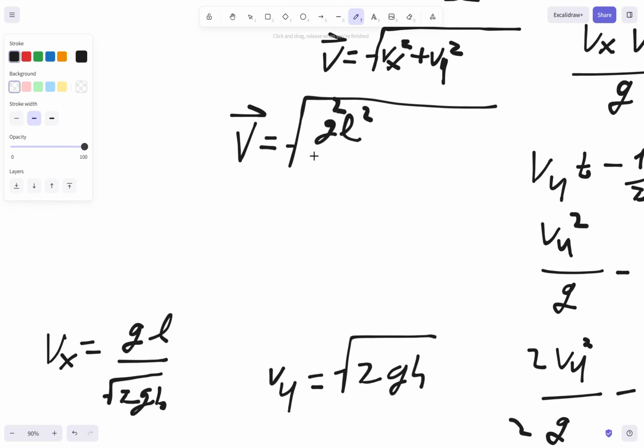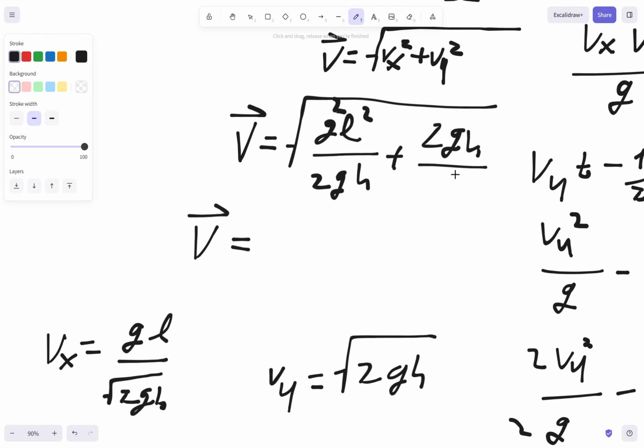g squared L squared all over 2gh plus 2gh. I think that's actually the answer, but could we do something with this 2gh to make it less redundant? I don't think so actually.